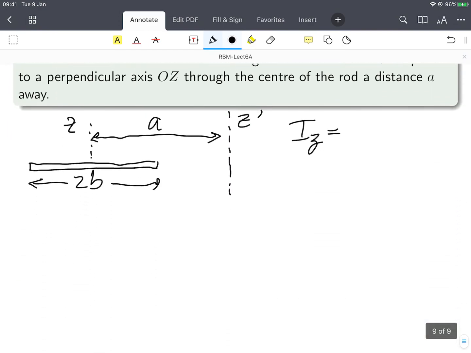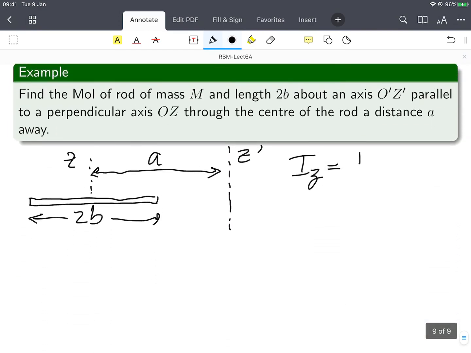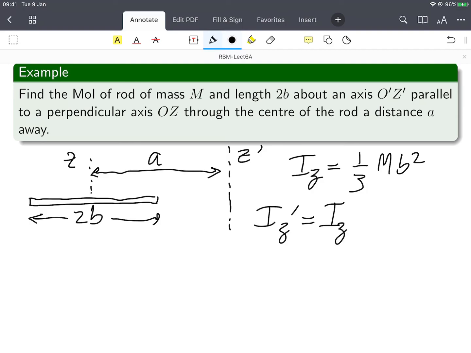So here half the length of the rod is B, so it's going to be 1/3 M B squared. And then by the parallel axis theorem, I'm going to end up with 1/3 of M B squared plus M A squared, and so on and so forth. Not that difficult.